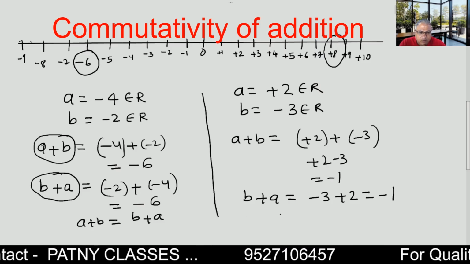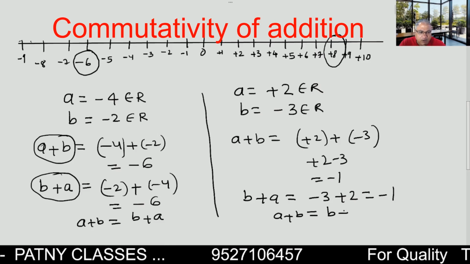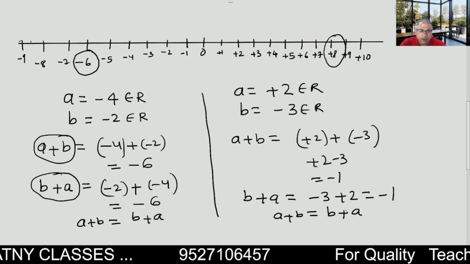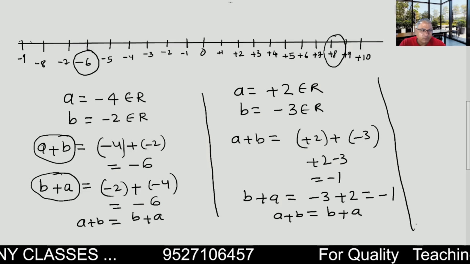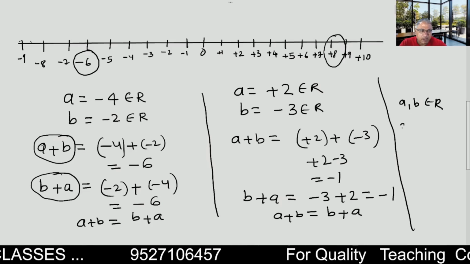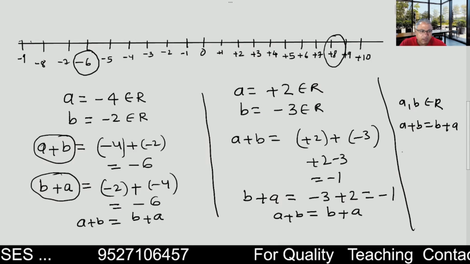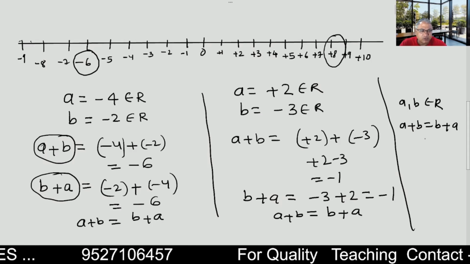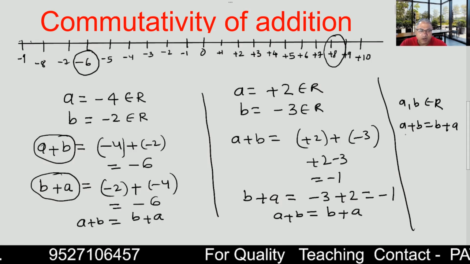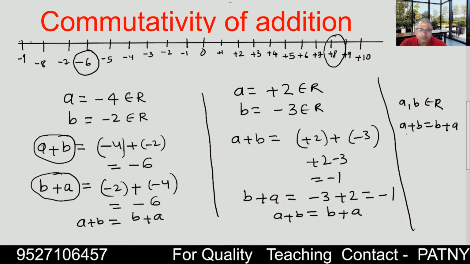From this, it is clear that the result of A plus B and the result of B plus A are equal. Thus, if A, B belongs to R, then A plus B always equals B plus A. This idea of addition of two real numbers is called commutativity of addition.